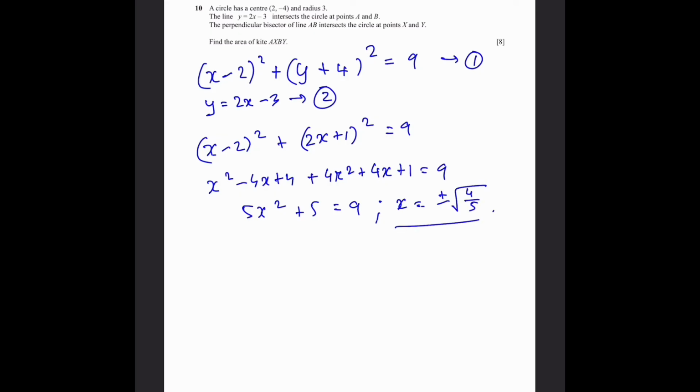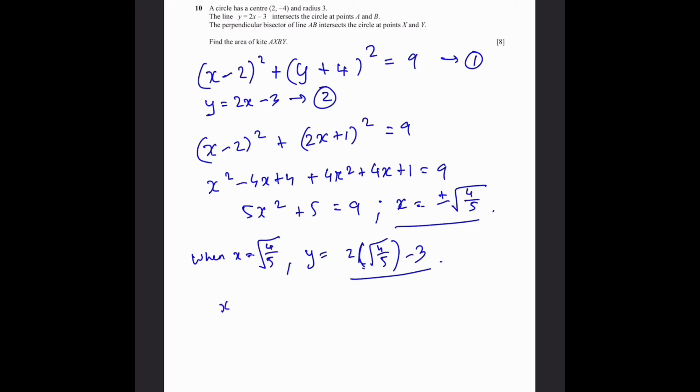Now the intersection is when x equals plus or minus root 4/5. So when x is positive, square root of 4/5, then the y value we can find using our equation here. So 2 times the root of 4/5 minus 3. And we can just leave it like this, since we cannot really simplify this, it's in surd form.